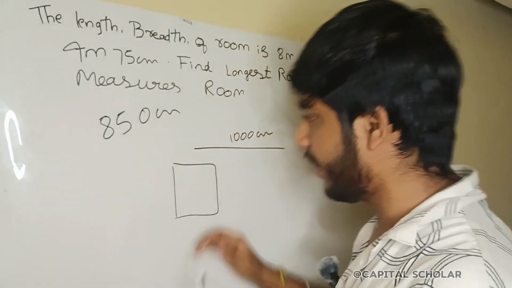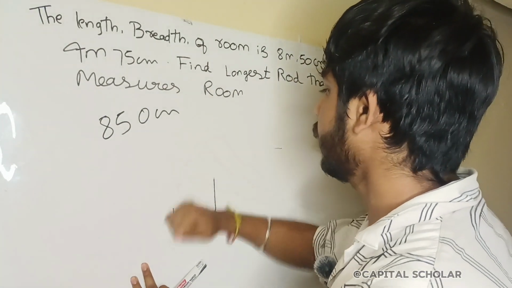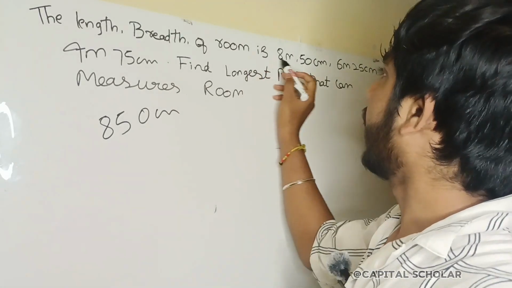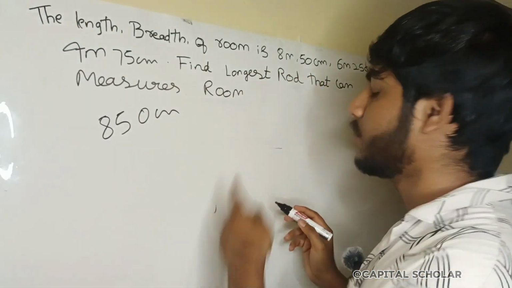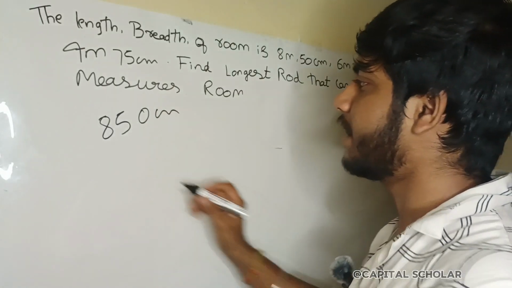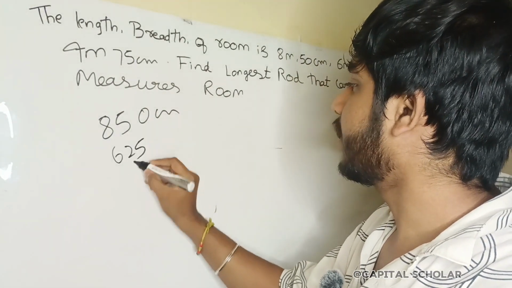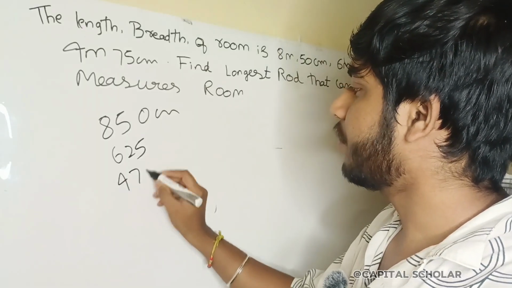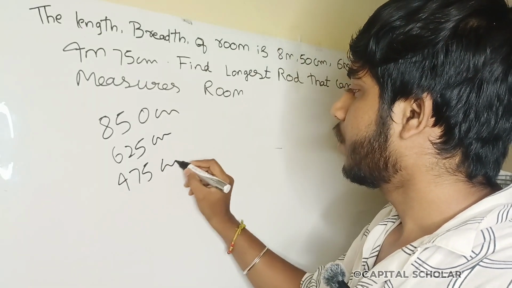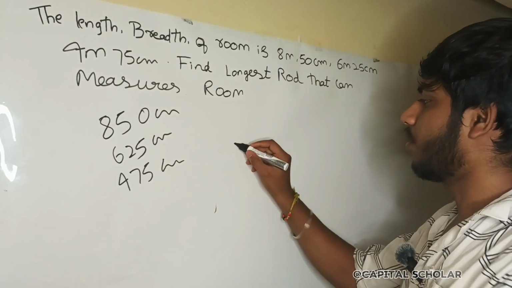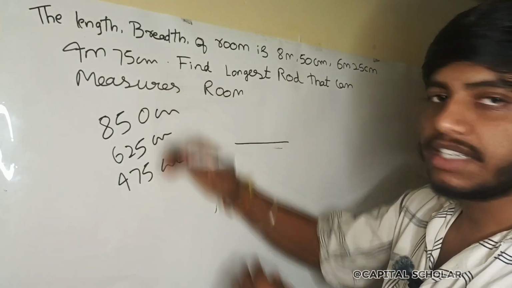So what they asked is to find the largest rod which can measure. 1 meter is 100 centimeters. So 8 meter 50 is 850 centimeters, 625 centimeters, and 475 centimeters. We have to find the longest rod which can measure these dimensions.